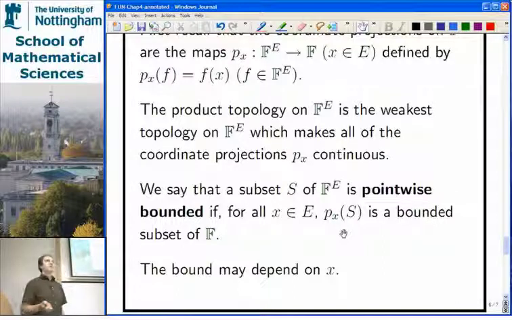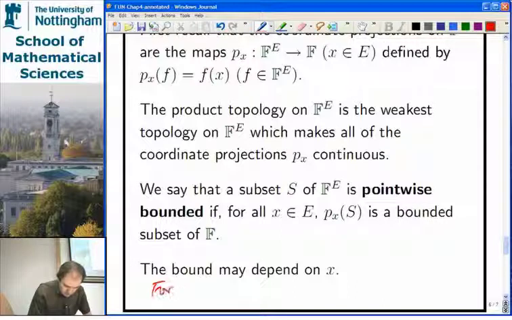But the bounds may depend on x. It could be that in one coordinate all the values have modulus less than 1, but in a different coordinate all the moduli are less than 1,000,000, and so on. You don't expect a global bound. As you vary x, the bound may get quite big, but still for each x there's a bound depending on x.